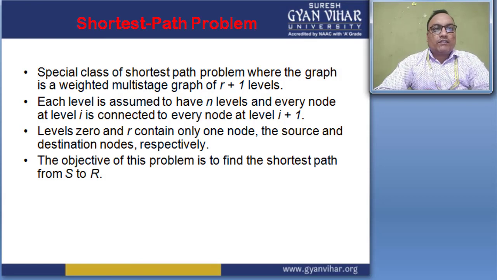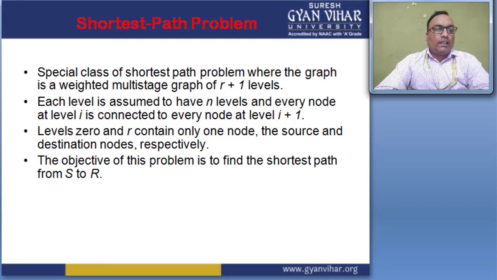These are special cases of the shortest path problem, and in this type of problem the graph is a weighted multi-stage graph of r plus 1 levels. Each level is assumed to have n nodes, and every node at level i is connected to every node at level i plus 1.